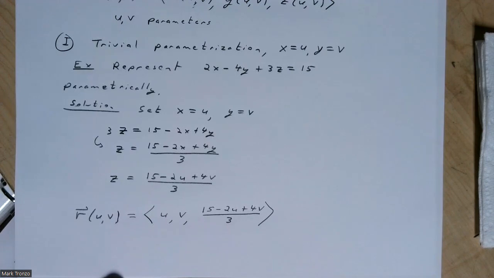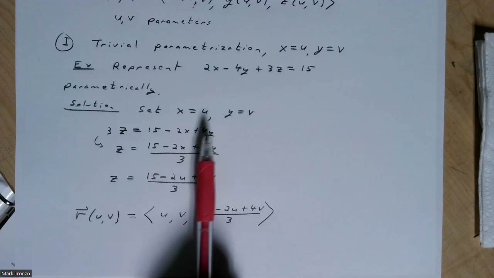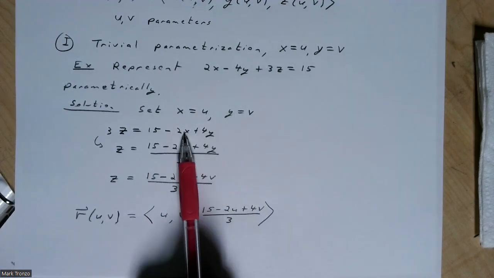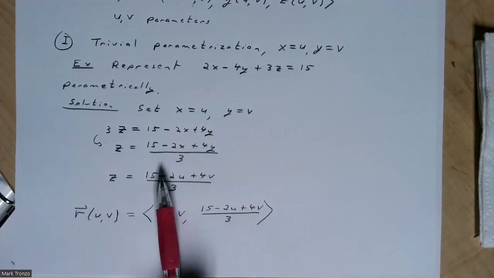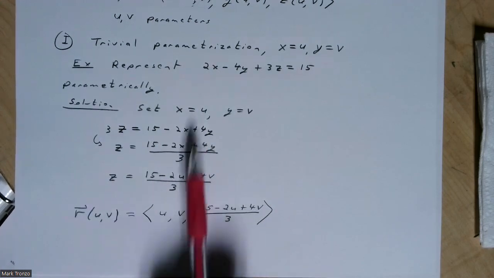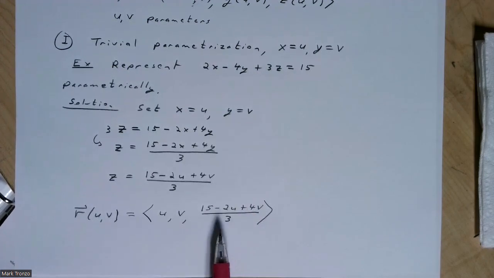So that's parameterizing this plane using the trivial parameterization, just setting x equal to u, y equal to v, then z, just solve for it. And you could put the u and v in at this point if you wanted to, right up here, and then solve for z, and you get this. So then x is u, y is v, and z is this equation here.